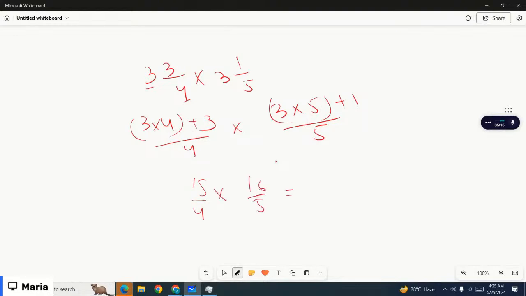So you have to simply multiply. You can reduce them here at this step. Like here you have 5 and here you have 15. You can divide them by the common factor. 5 times 1 is 5 and 5 times 3 is 15. Same thing, 16 is divided by 4. 4 times 1 is 4 and 4 times 4 is 16. So the answer is 3 times 4, that is 12.